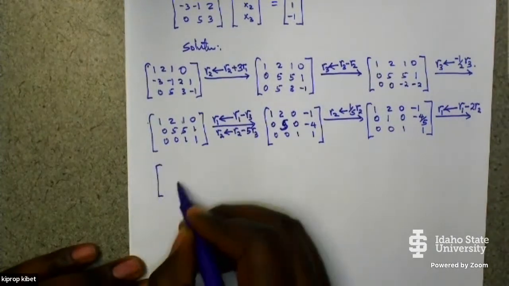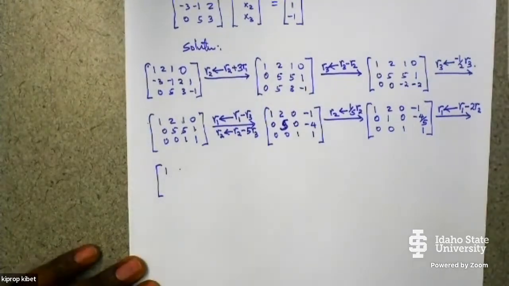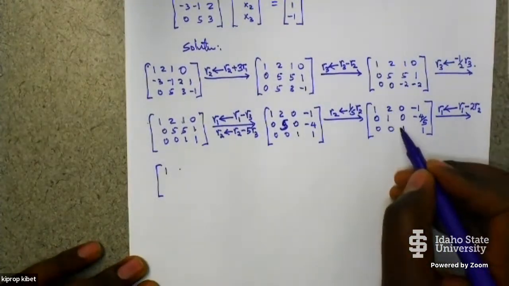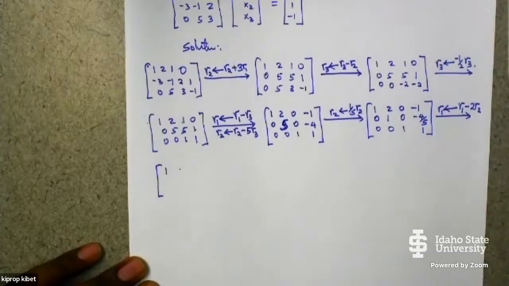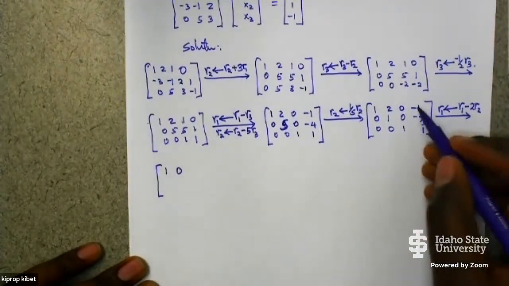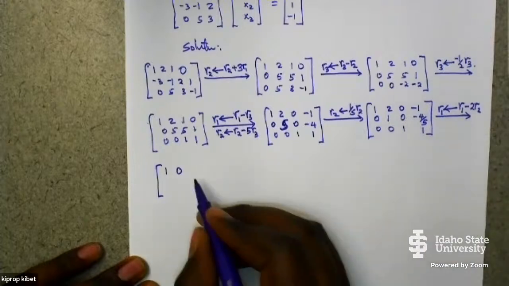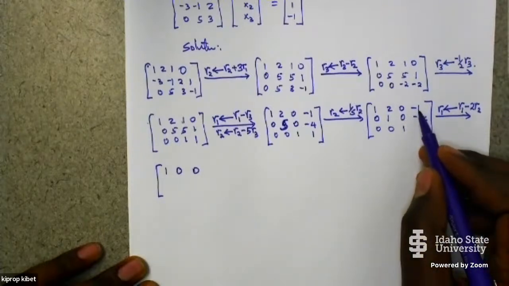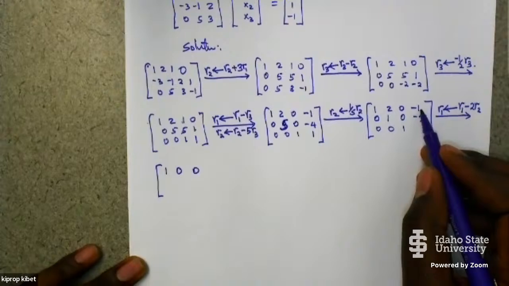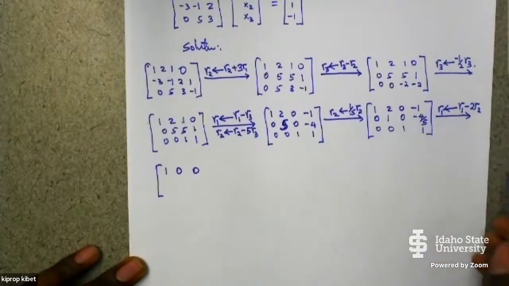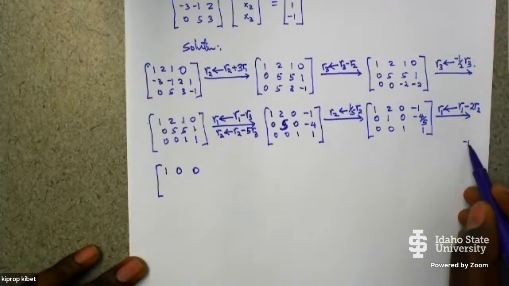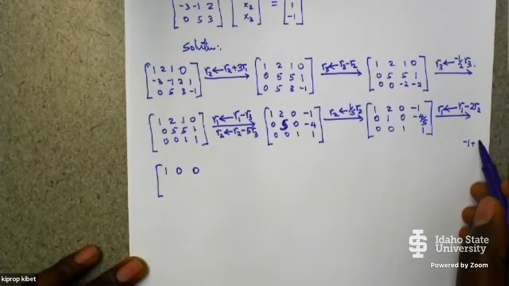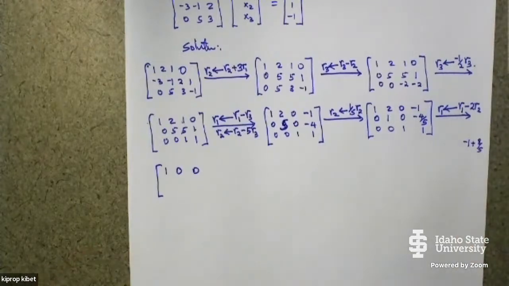So finally, what do you get? 1. 2 minus 2 is 0. 0 minus 0 is 0. And then -1 here, right? So -1, now plus 8/5.